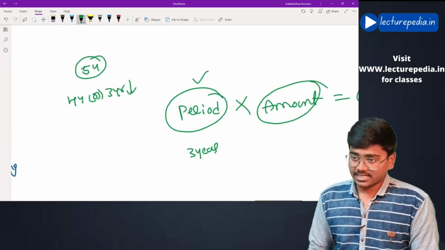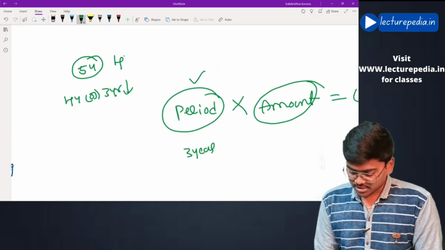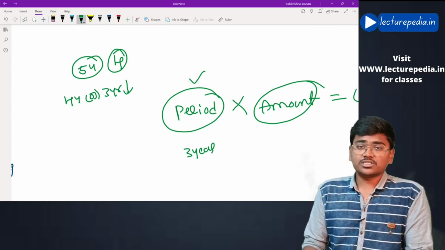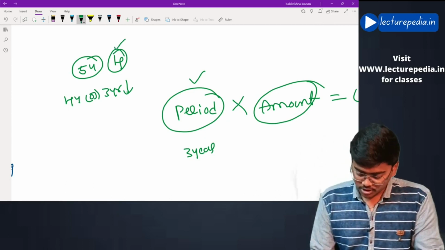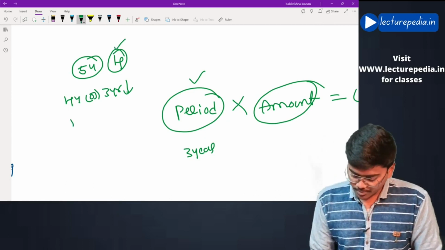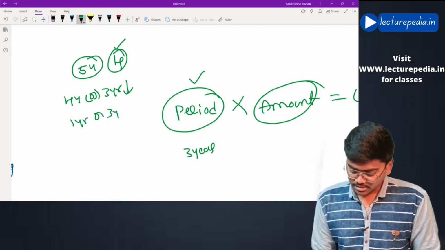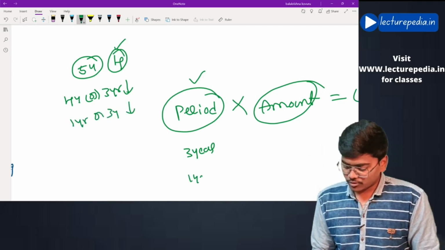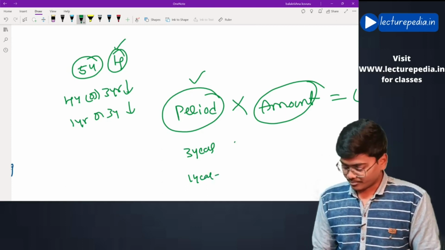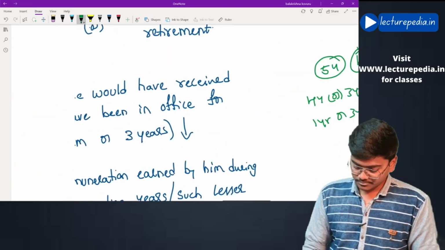In case his office is being lost after completion of 4 years, then the remainder period would be 1 year or 3 years, whichever is lower. In that case, 1 year would be the period, multiplied by amount.